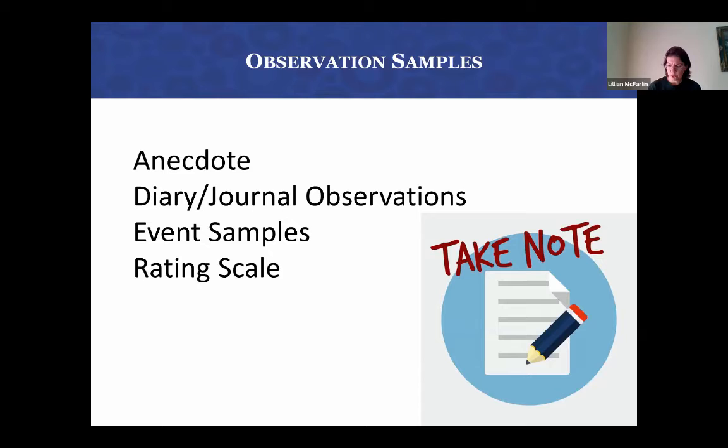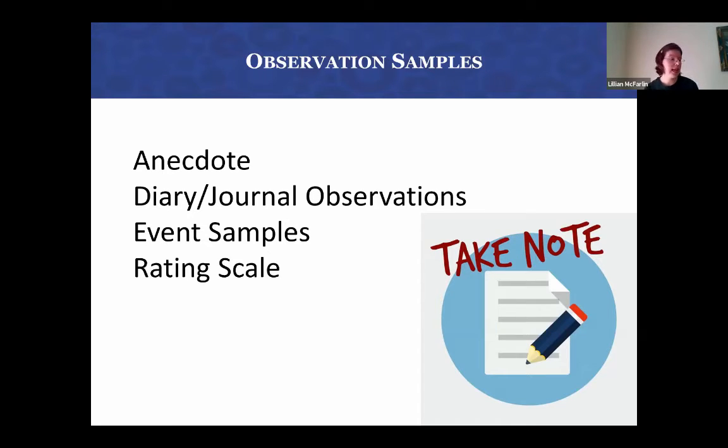And then the rating scale could be something pulled from developmental milestones, but it's something that's pre-made. A rating scale that you would currently use as a teacher could be like your Texas Rising Star classroom assessment that tells you, oh, if you do this much time outside each day, you get a 1. If you do more time, you get a 2. If you do an hour, then you get a 3, type thing.